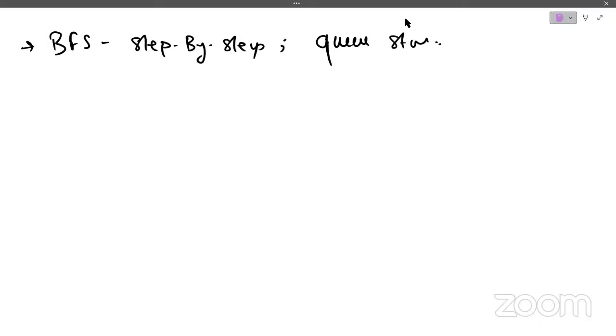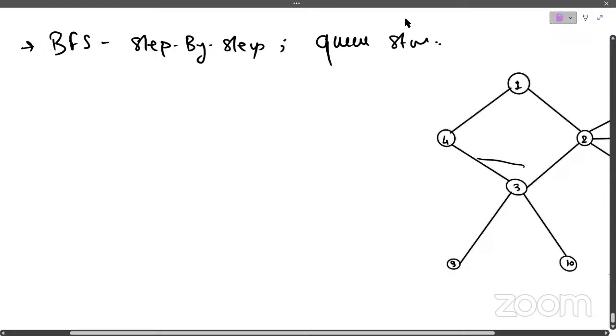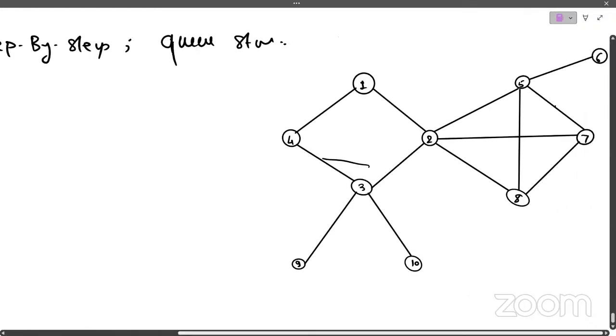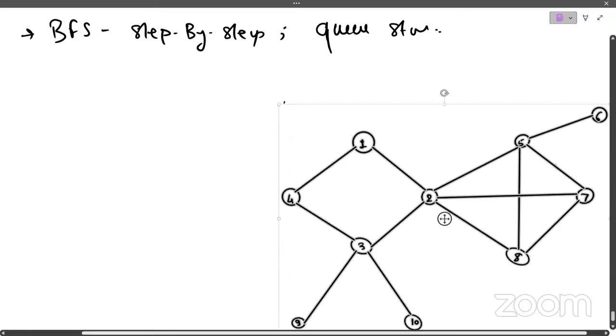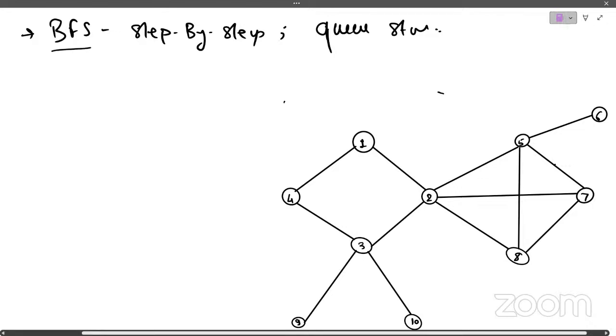For example, consider this graph. Suppose I have this graph and I want to apply BFS on it. First we'll write what the vertices are.